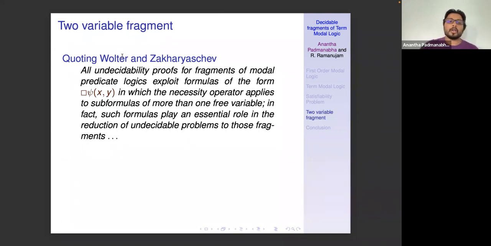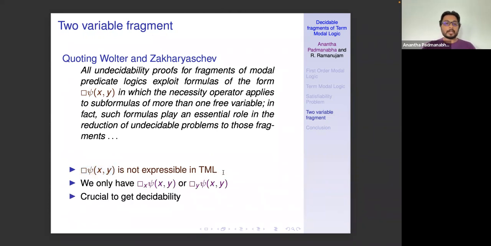All undecidability proofs of fragments of modal predicate logics exploit formulas of the form box psi(x,y), in which the necessity operator applies to subformulas of more than one free variable. In fact, such formulas play an essential role in the reduction of undecidable problems to those fragments, right? Now note that this particular formula, box psi(x,y), is not expressible in term modal logic. Why?